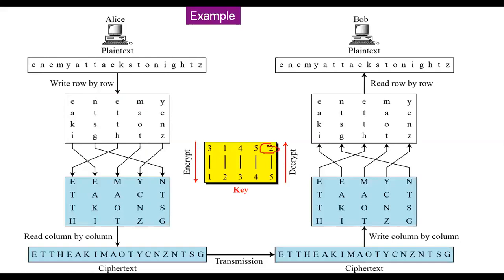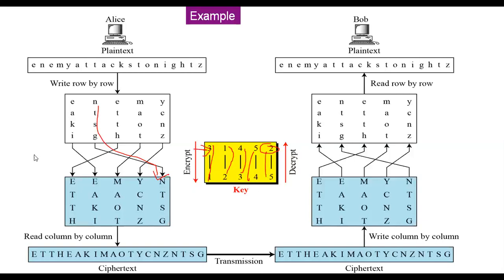The second column is written as the fifth column. So as per this key, the third column goes to the first column. First column goes to the second column. Fourth column to the third column. I changed the column positions. Fifth column comes to the fourth column and the second column comes to the fifth column.